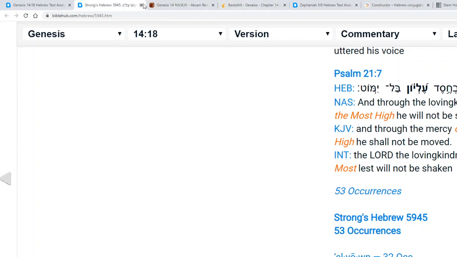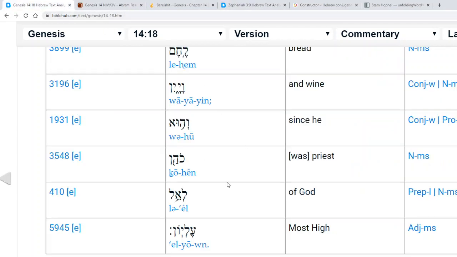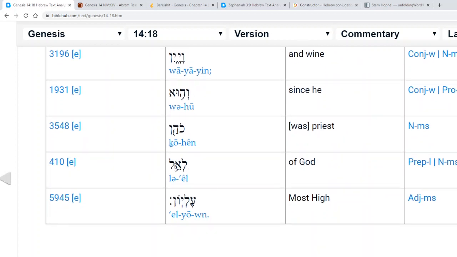So you can look that up if you'd like to see what exactly this name implies. But honestly, it seems to me that he was priest of a single god. He was monotheistic, and that's what it's really stressing here, it seems to me.